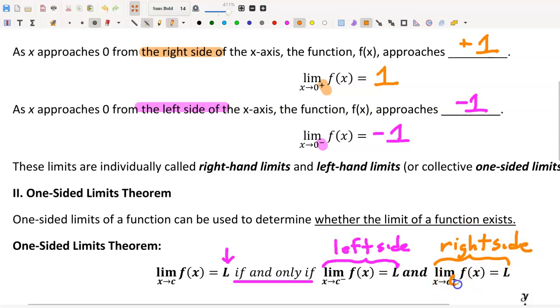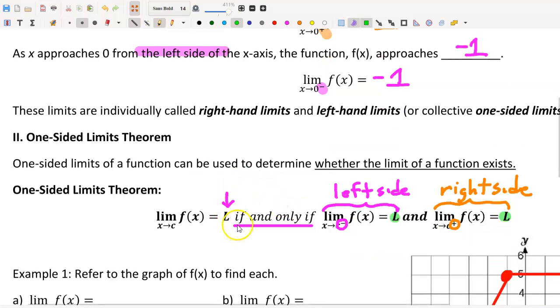If you approach from the right hand side of the number and the left hand side of the number, and you get the same exact number, L, right? We do it and we get L for both. That means it's the limit. If these two are different, then you do not have a limit. It does not exist, which we already kind of know. We've already said if one goes up, one goes down, the limit does not exist. So this part you already know, but this is the more formal definition that we use when we're talking about limits.